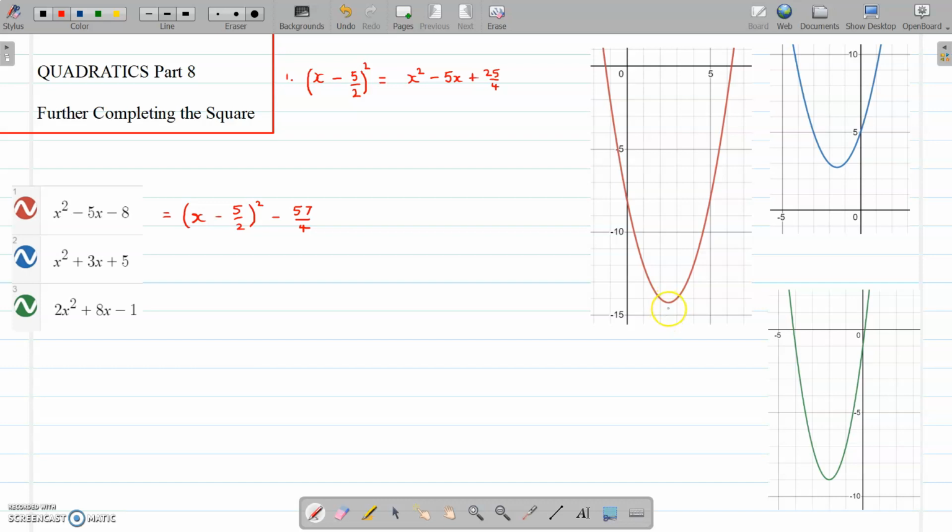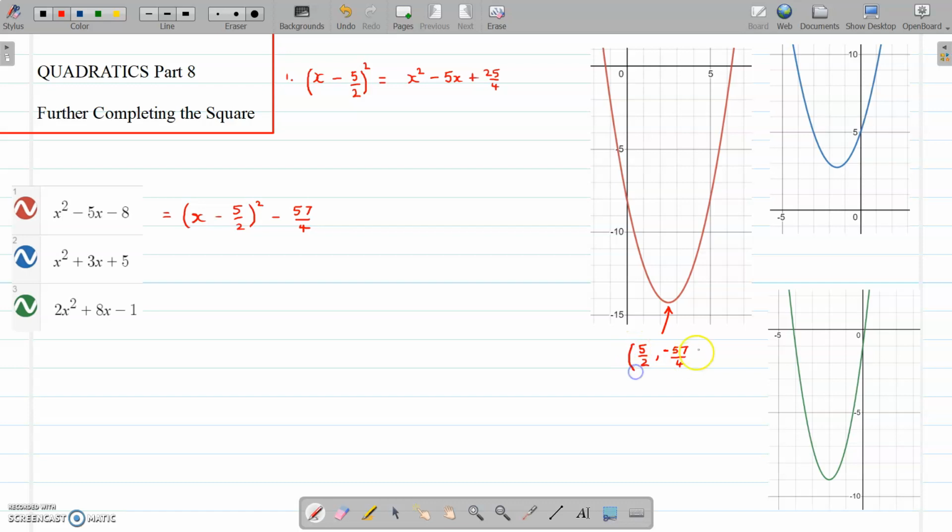So this point here, I'll just put a little arrow to it, is 5 over 2, 2.5, comma, and it does seem to be negative 14 and a quarter, which in fact is negative 57 quarters. We tend to work in fraction form like this rather than decimals, but it may help you to think of it as decimals.